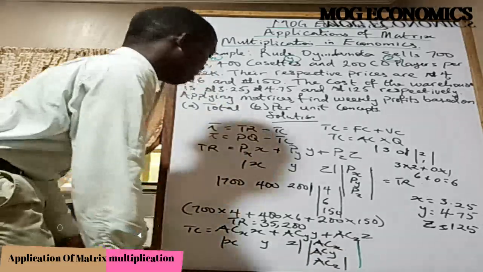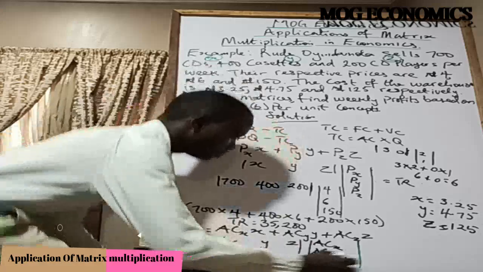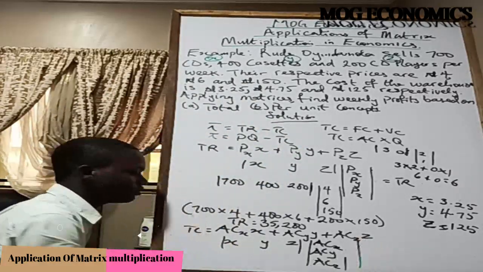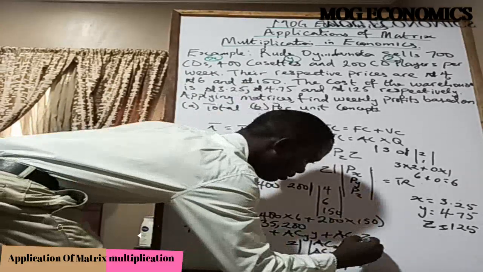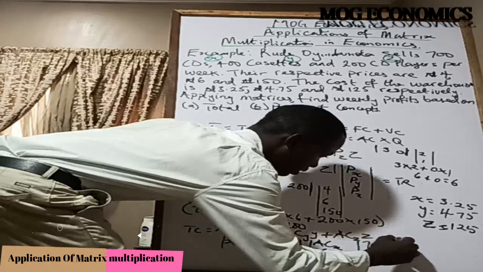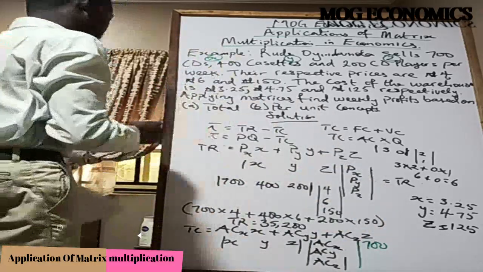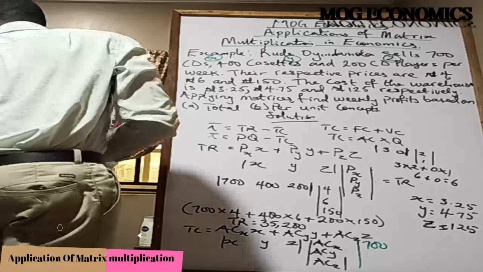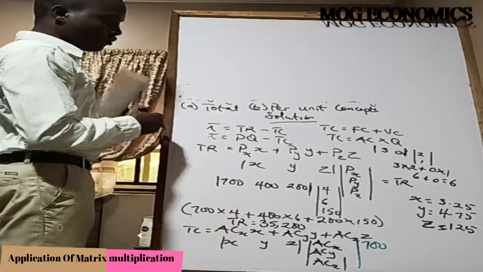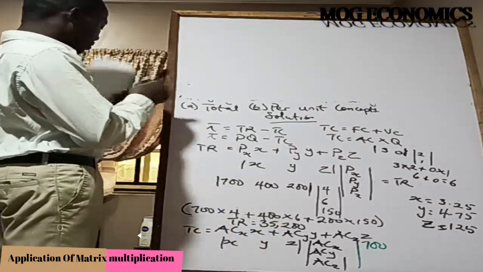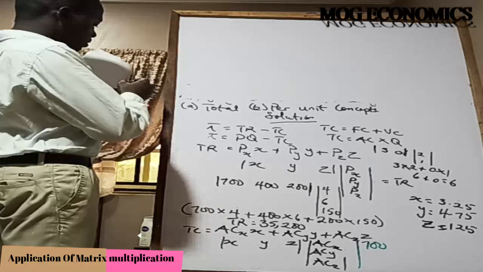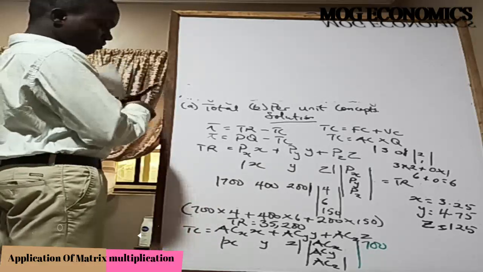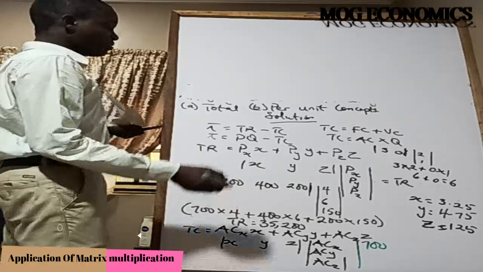From there, we are going to have 700, 400, and 200 again. Let me just use the other marker. You can see it's a simple thing.